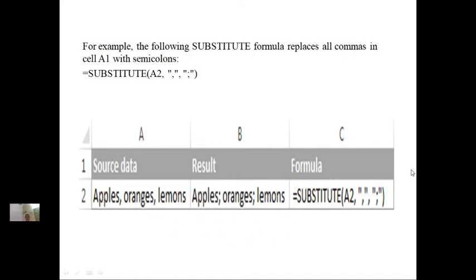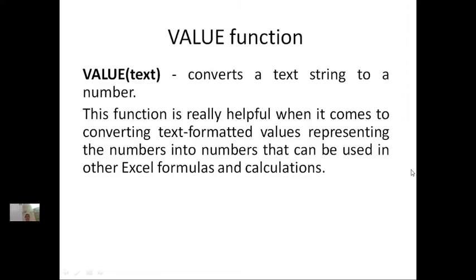Okay, now let us go to the next slide, VALUE function. The next slide is showing the VALUE function. So what is this VALUE function? It converts a text string to a number. This function is really helpful when it comes to converting text-formatted values representing numbers into numbers that can be used in other Excel formulas and calculations.